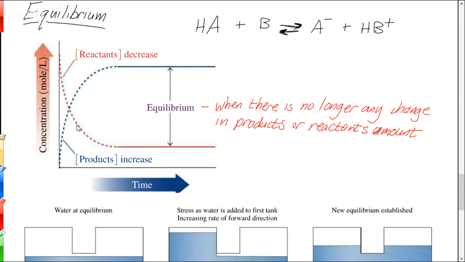So it's going to now, assuming there's enough B around, it's going to push the whole reaction to the right, just like the water, and rebalance. And the net effect of that rebalancing is to form more products. So if you have a reaction at equilibrium, you put more in one side, we're going to balance that out on the other side to form more of the other side, just like the water.